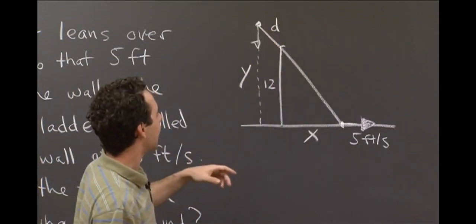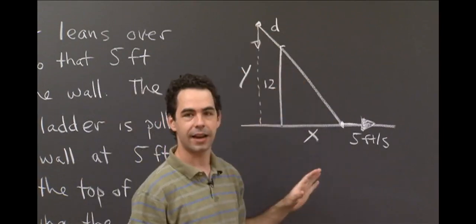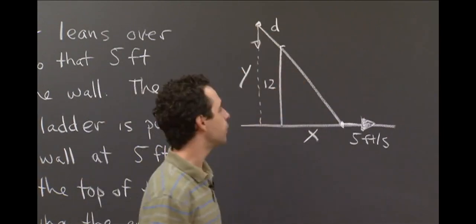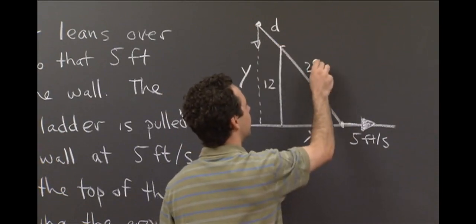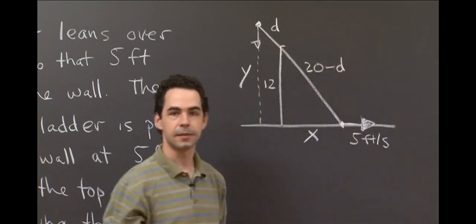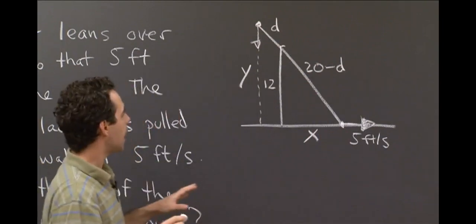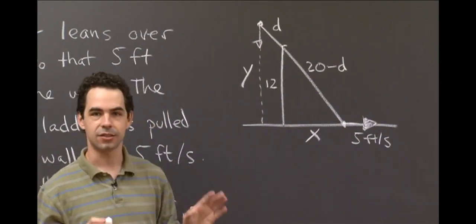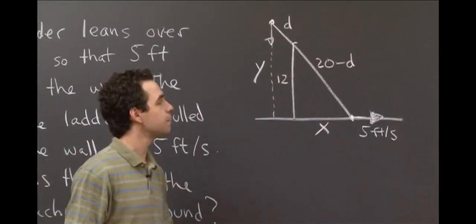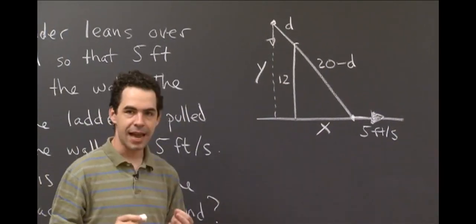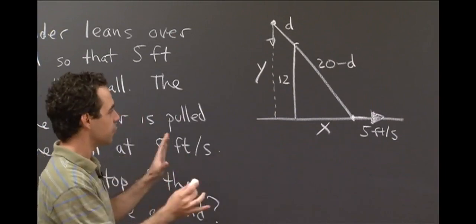If this is d, because the whole ladder has length 20, this segment has length 20 minus d. I think those quantities describe all the possible lengths of interest in this picture.